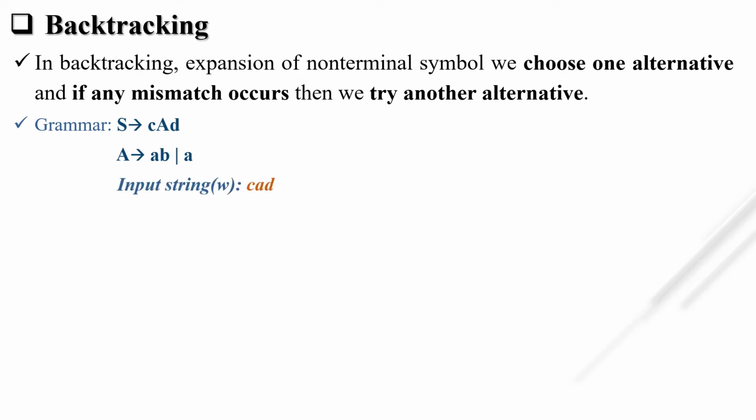Consider the grammar and the input string CAD. To construct a parse tree for this string top down, we initially create a tree consisting of a single node, that is our start symbol capital S, and the input string CAD. An input pointer points to C first, which is the first symbol of our string.